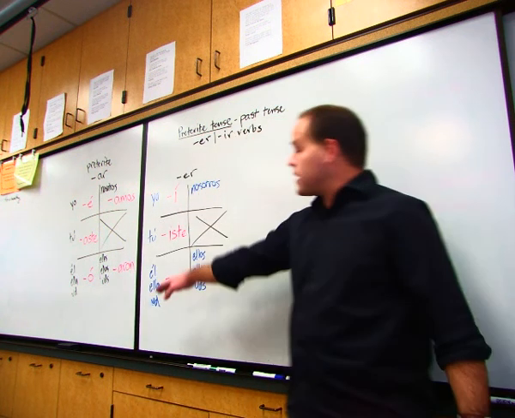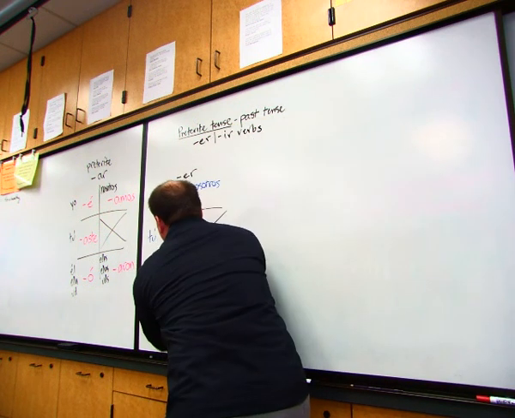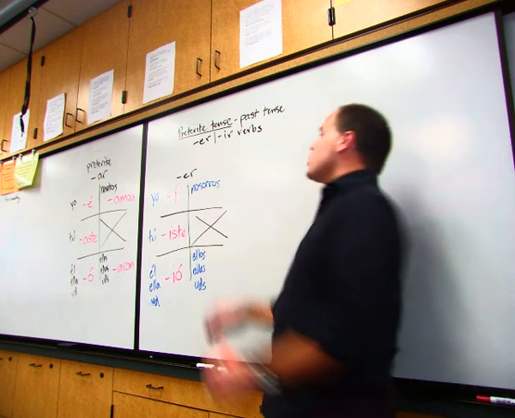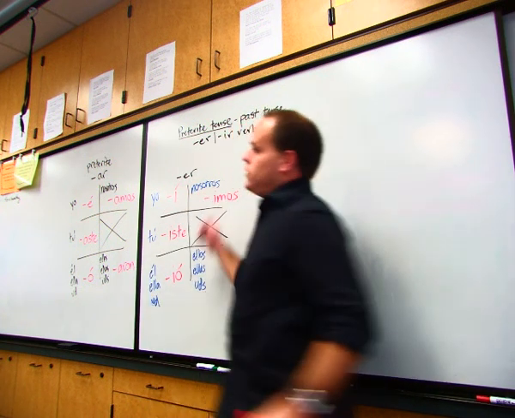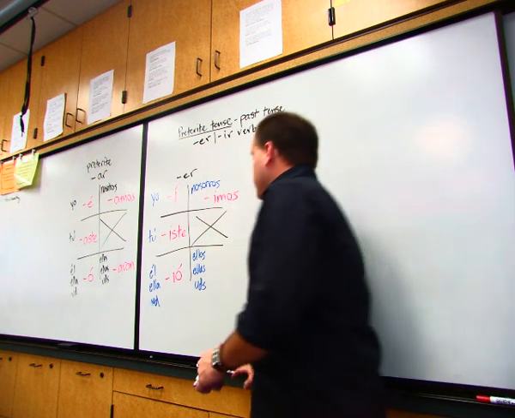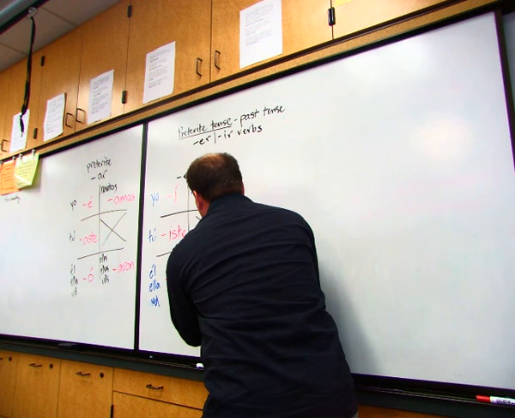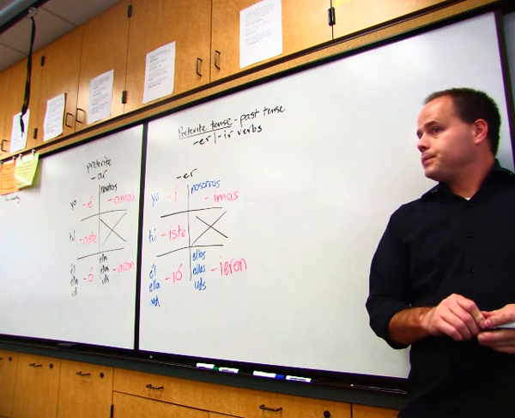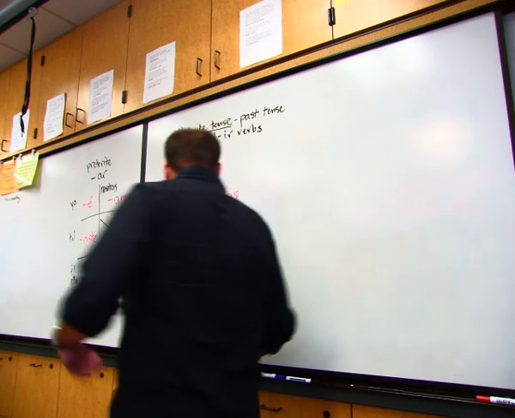In the él, ella, usted form, the he, she, or you formal, you drop the ER and you add I-O, io to it. In the nosotros form, you drop the ER and add I-M-O-S, imos to it. And then your ellos, ellas, ustedes, you drop the ER and add I-E-R-O-N, ieron.